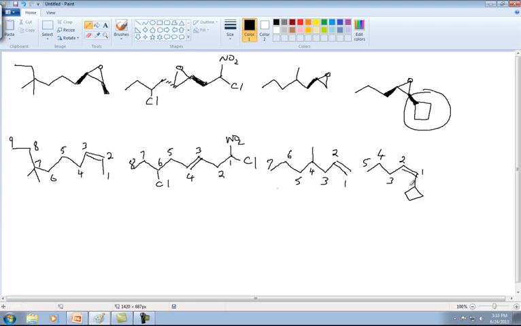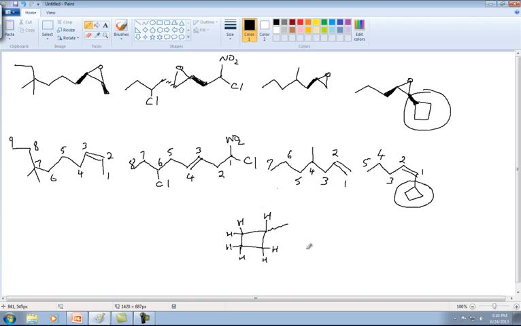So when I'm covering the substituents, this is going to be cyclobutyl, which looks like this. And then it's got a join, and that join is this bond right here.